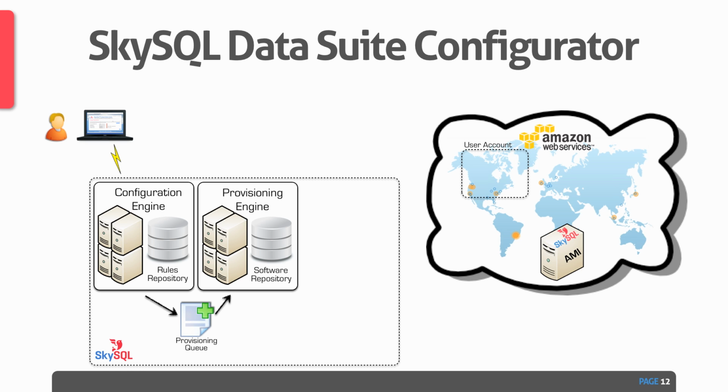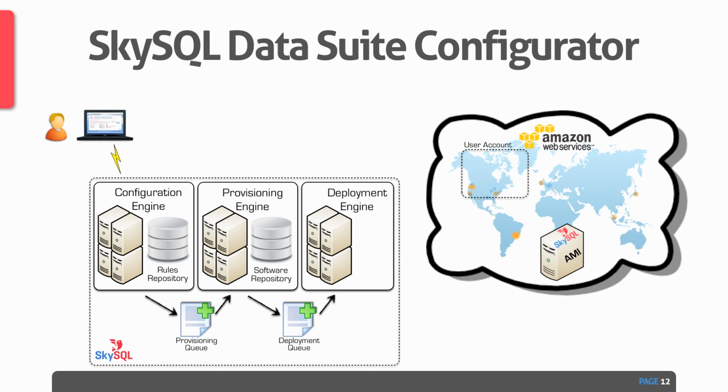Now, the provisioning engine is also connected to a software repository that basically has all the elements available, the components that are of course available to provide the configuration that the customer has required. So once the provisioning engine has identified that all the components are available, therefore it's possible to deploy the system required, this request goes into the deployment queue, and the deployment queue is passed to a deployment engine.